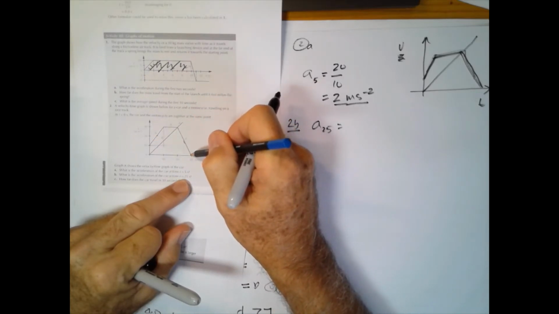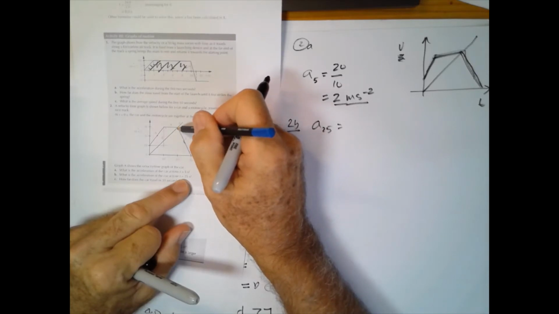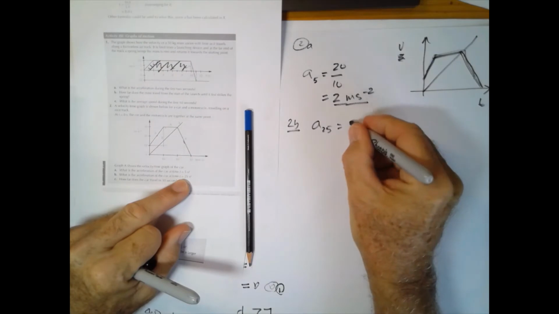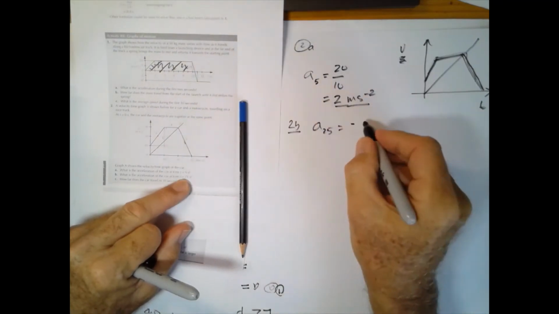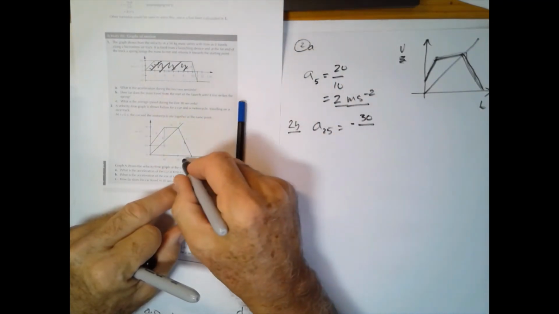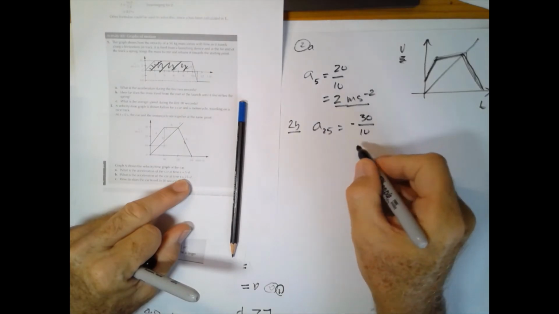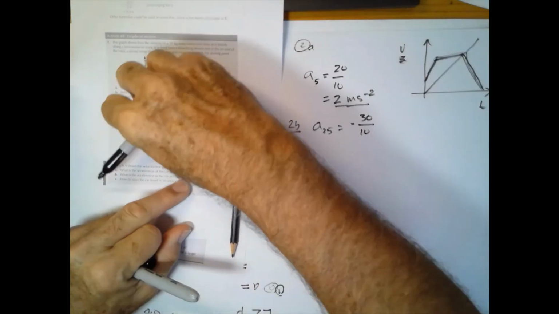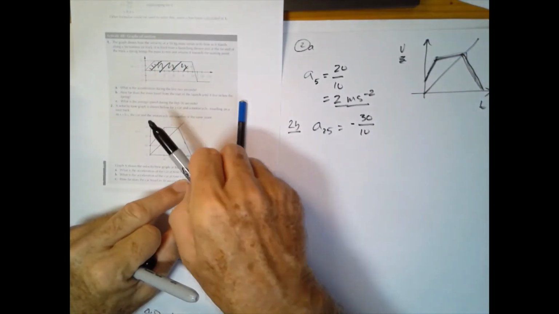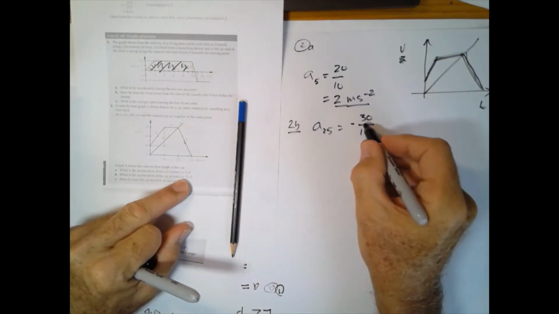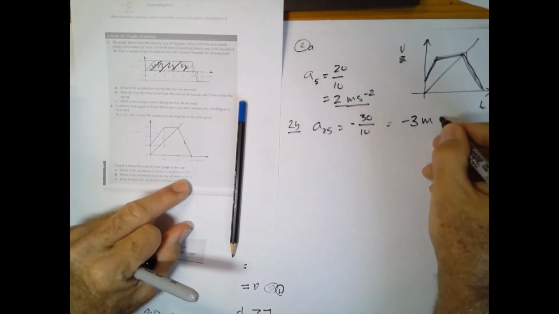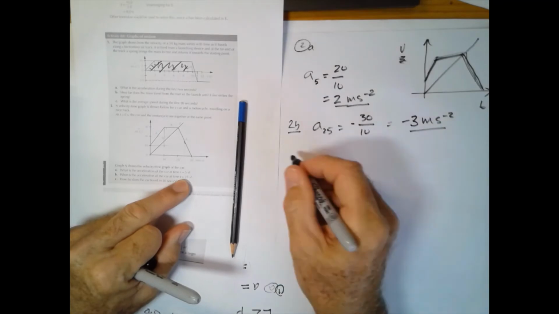So the slope is this divided by this, 30 divided by 10, and the slope is negative. Positive slopes, negative slopes. The slope is 30 divided by 10, which is equal to negative 3 meters per second squared.